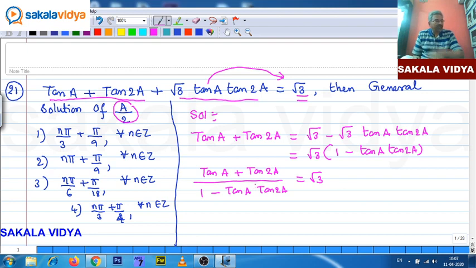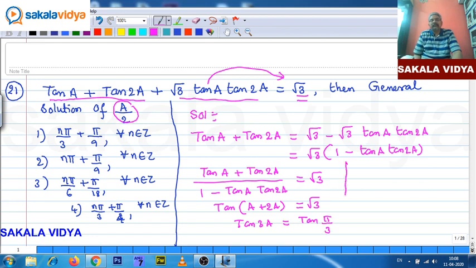Now the left hand side is in the form of tan of A plus B, so we can write tan of A plus 2A equals root 3. This is nothing but tan 3A equals tan of pi by 3, since root 3 is tan 60 degrees, pi by 3.